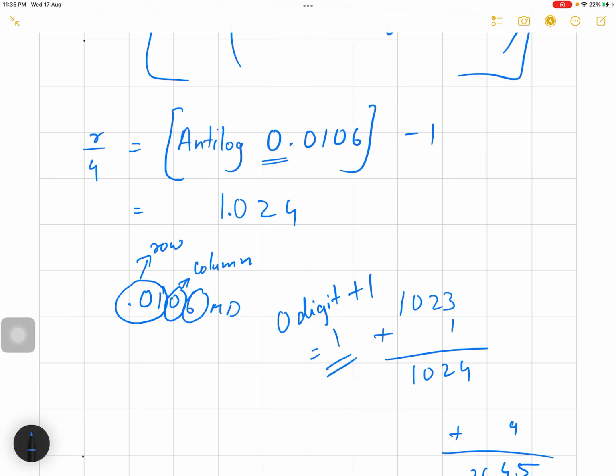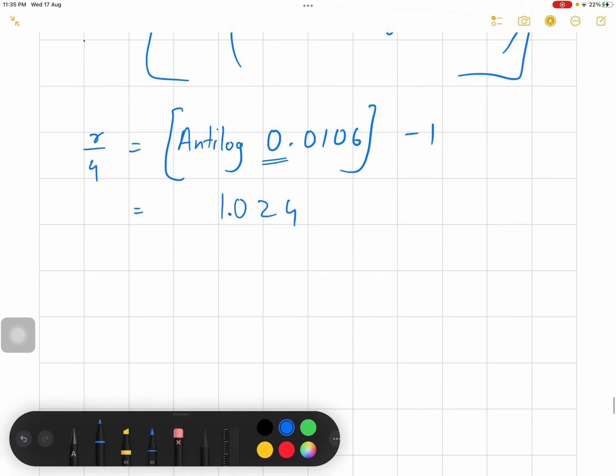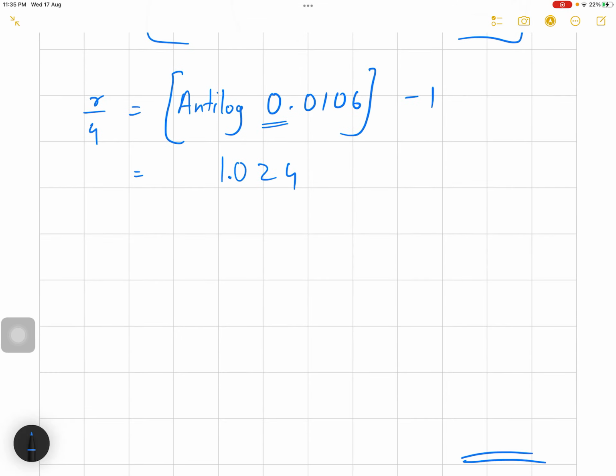So after 1 digit you will put a decimal point, so 1.024. And then minus 1, so it becomes 0.024.